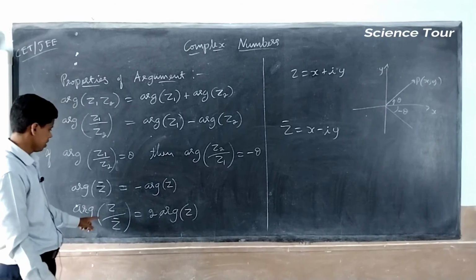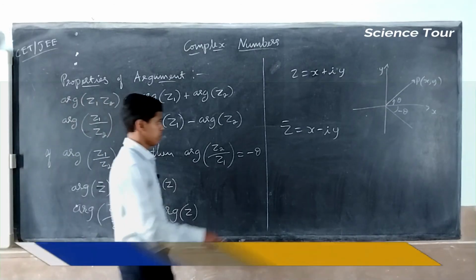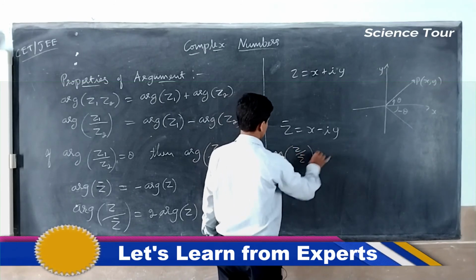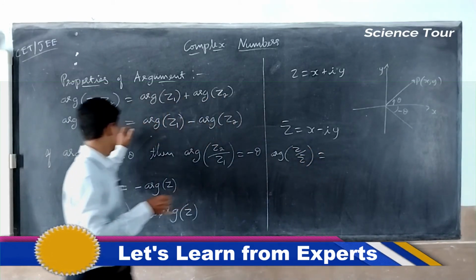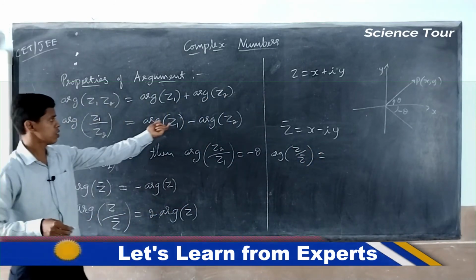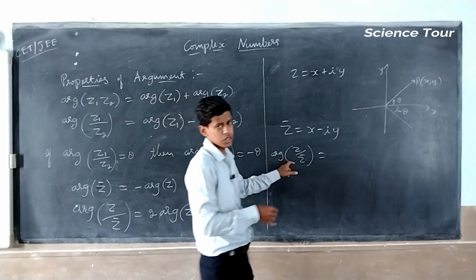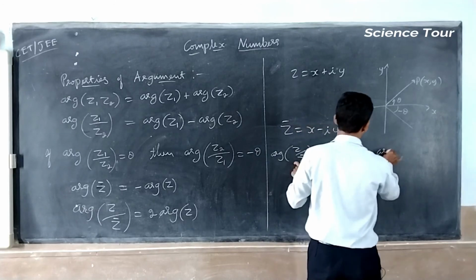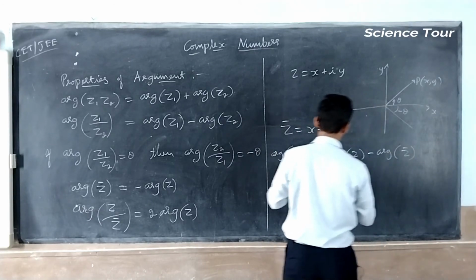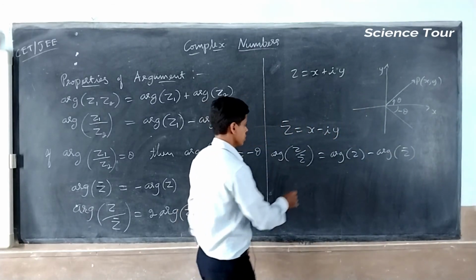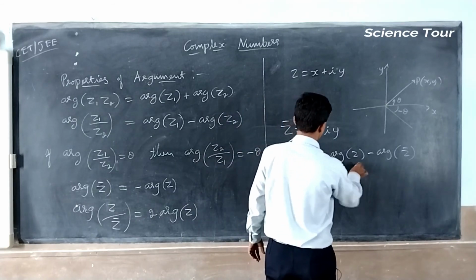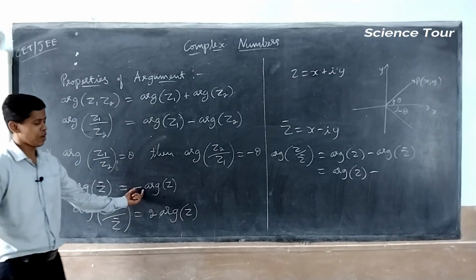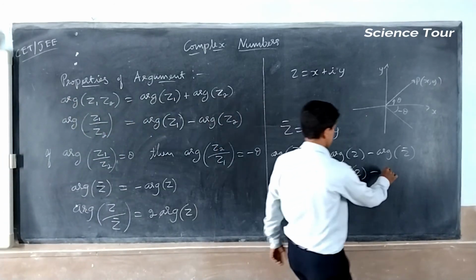Well, then argument of z by z bar. So what is the argument of z by z bar? Using this property, if you have z1 by z2, then it is argument of z1 minus argument of z2. Therefore this will be argument of z minus argument of z bar. Then what is the argument of z bar from the previous property? Argument of z bar is minus of argument of z.